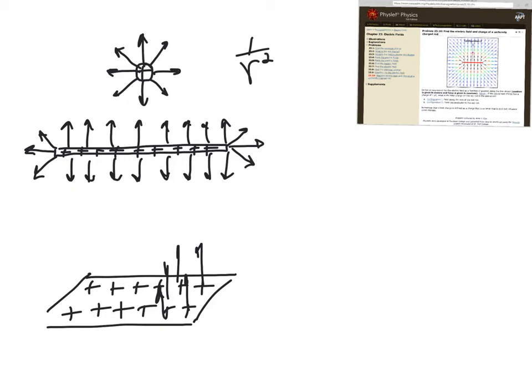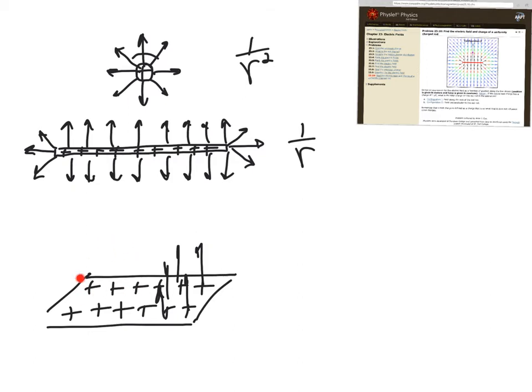And so the result of that, if you understand the logic, is that this has a dependence of 1 over r. It does get weaker because the rod is doing this along one axis, but it's uniform along the other axis, so it gets weaker as 1 over r, as opposed to the plates.